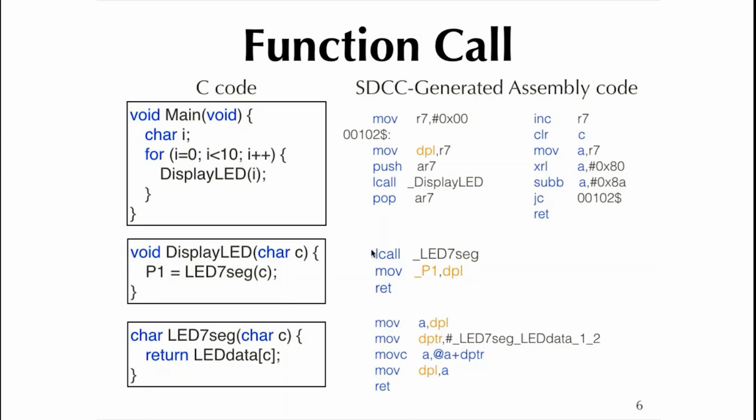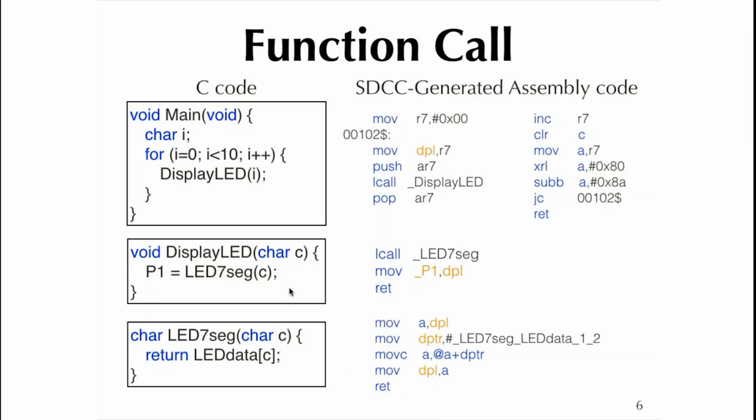So it calls LED7 segment, and LED7 segment does that lookup, right? Put DPL into A, and then there's a DPTR plus, right? And then the return value is passed in DPL, unlike what we did with A, because we could save a few instructions. The compiler isn't that smart, but not bad. So the return value also goes in DPL.